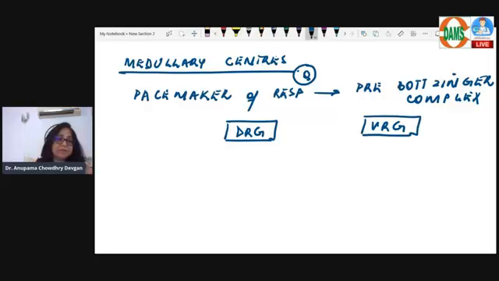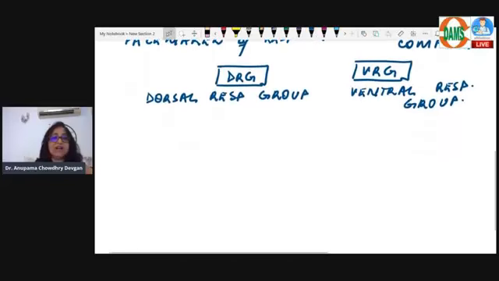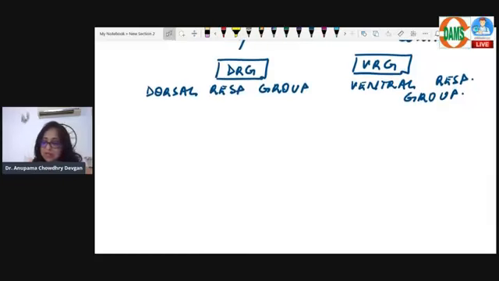DRG is the dorsal respiratory group of neurons, and VRG is the ventral respiratory group of neurons. Both are located in the medulla. DRG has only I neurons.